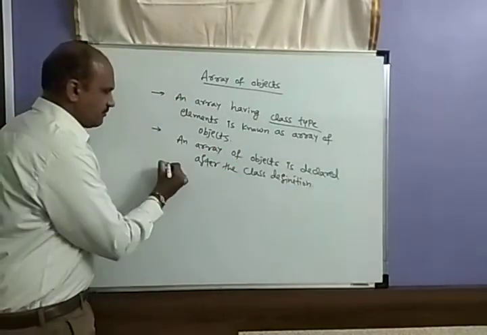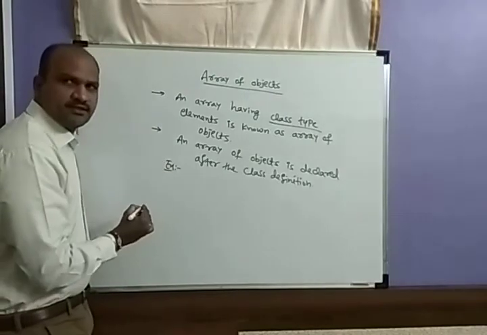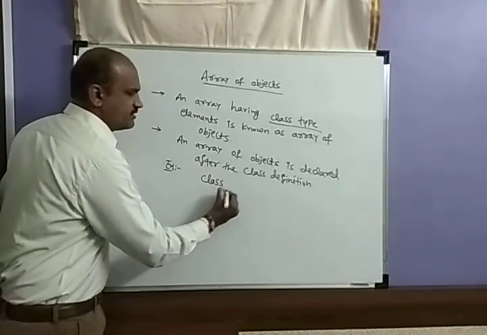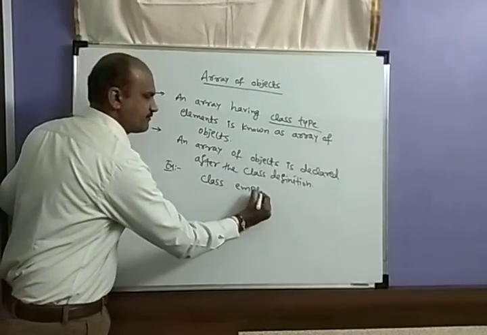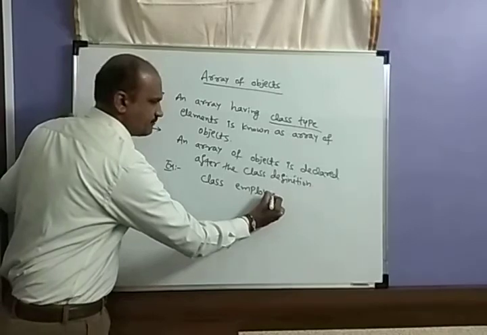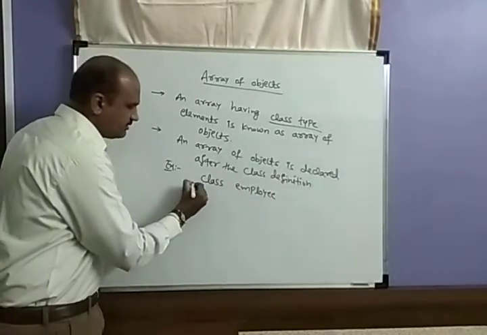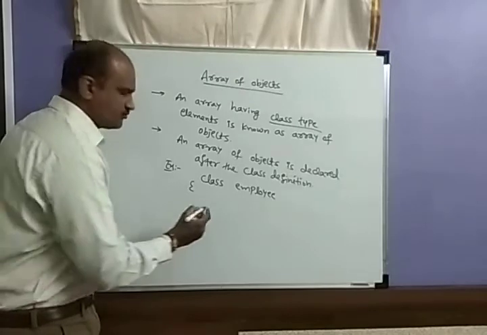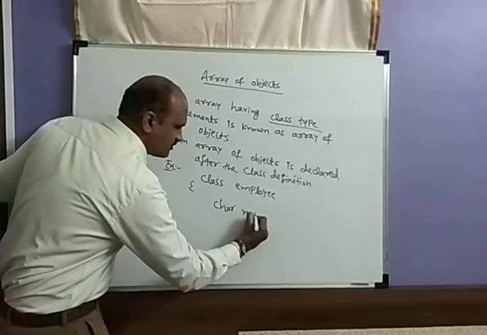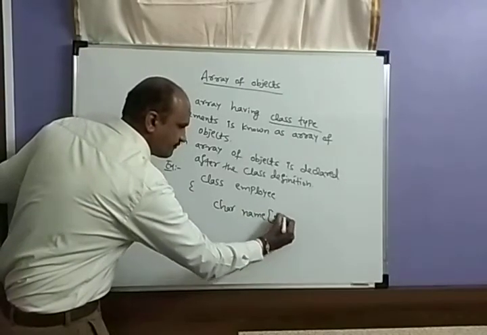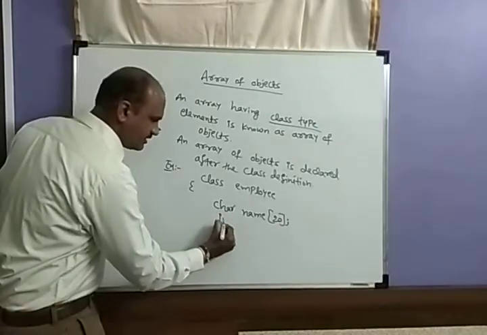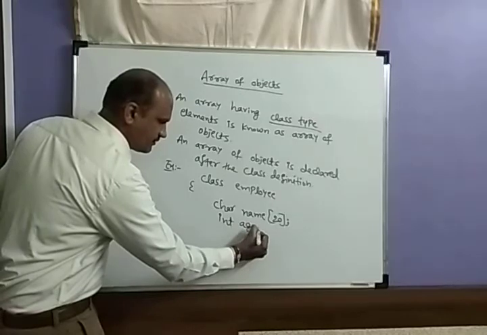If I take an example, now we will see a simple example. We will take an employee class, the name of the class, then again the private members. So here character name, as we define the array, we are defining a one dimensional array, then int age, close the brace.